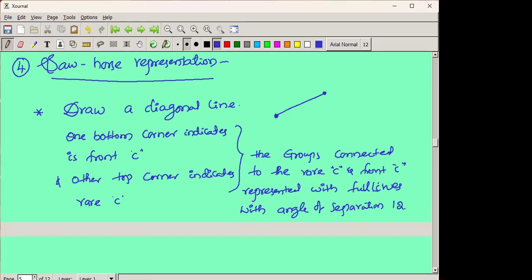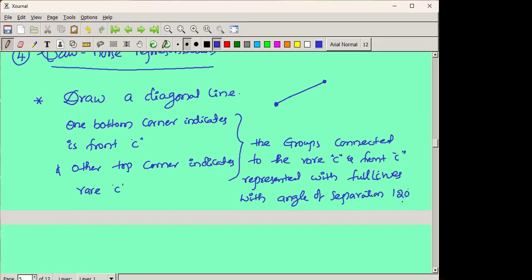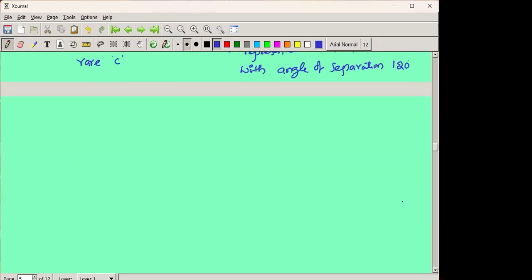So that is the representation of Sawhorse representation. See here, once again, I'll go with a small, simple example, that is ethane. Example number 1, ethane. First we draw the diagonal line. This is a front carbon atom. The front carbon atom is connected with hydrogens.